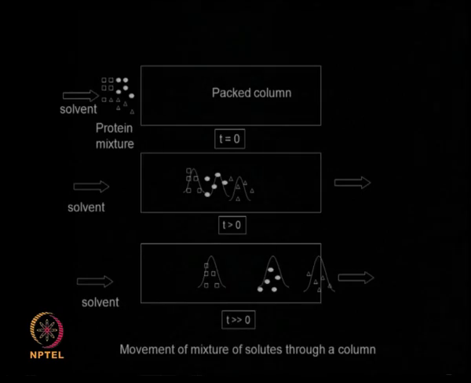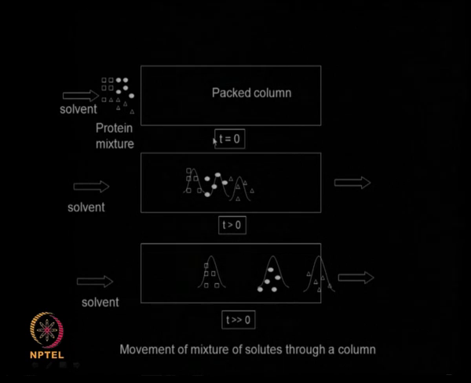So if you have a mixture of proteins for example, which is injected at the inlet, and there is a solvent which carries this protein, and there is a packed column on which you have certain stationary phase material, the proteins are going to get separated because of the varying interactions they have with the stationary phase.